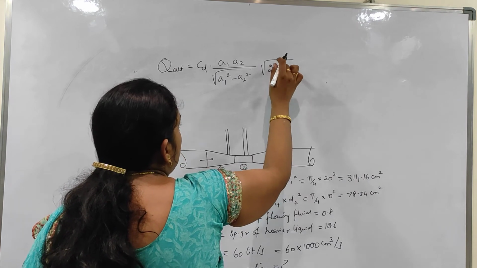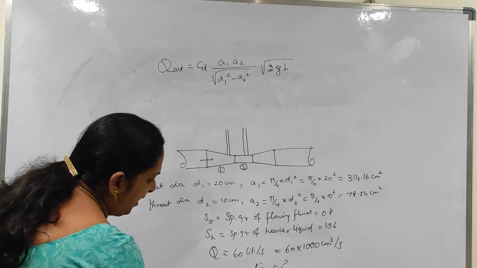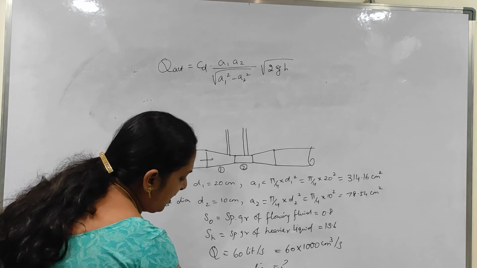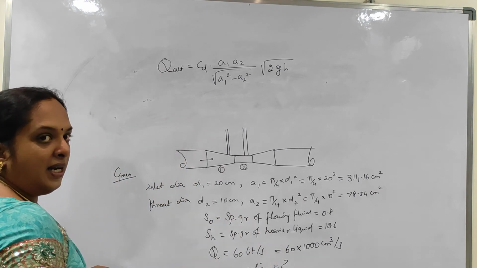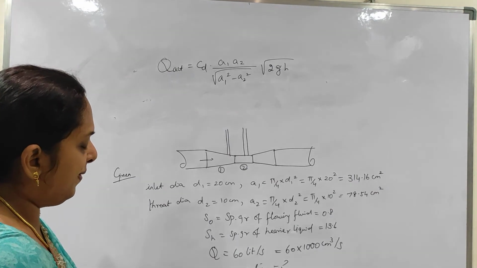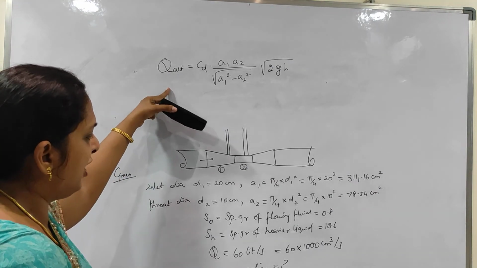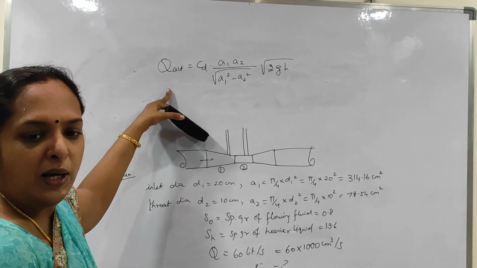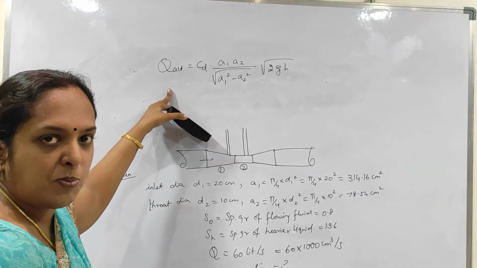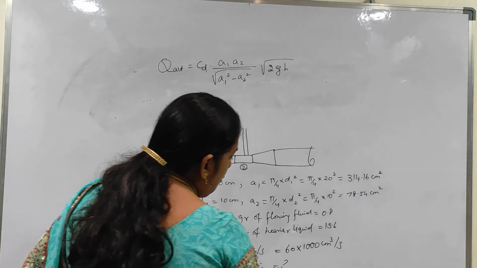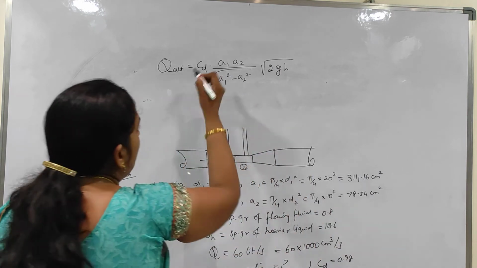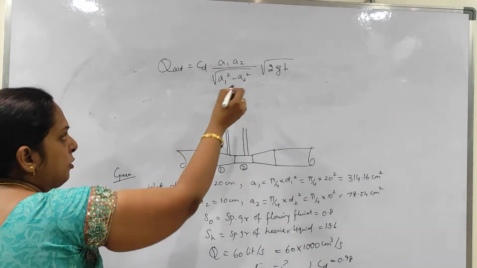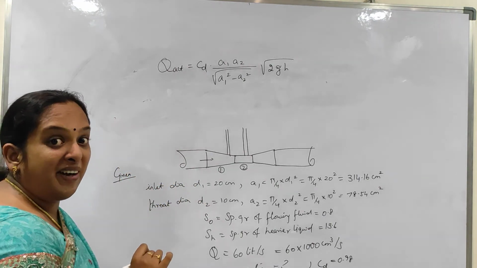Here we know G. We can convert it to centimeter per second, so it is 981 centimeter per second square, the acceleration due to gravity. CD is also given in your problem, 0.98. So you know the values here. Just substitute this and you will get the value of H.